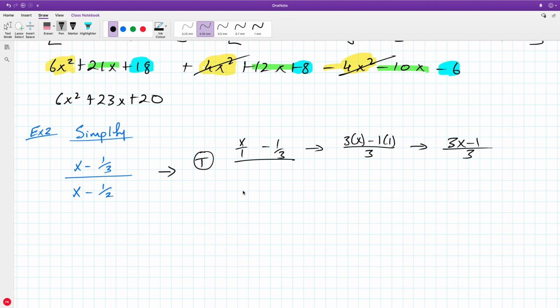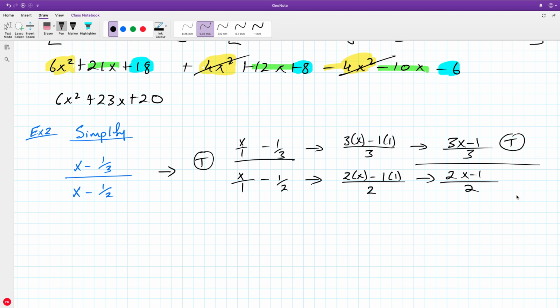Add them, the bottom. One into 2 goes 2 times x. 2 into 2 goes minus 1 times 1. Which, as you say, breaks down into 2x minus 1 over 2.